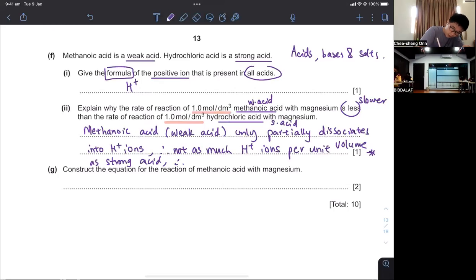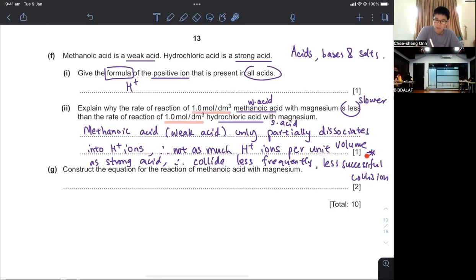So therefore, collide less frequently. So they want to talk about rate of reaction, right? So less successful collision. Now this is only 1 mark here, but sometimes there can be 2 marks. So you need to know how to include all the points in terms of the H plus ions coming from the acid and not necessarily just the concentrations of the acid itself. So be very careful.